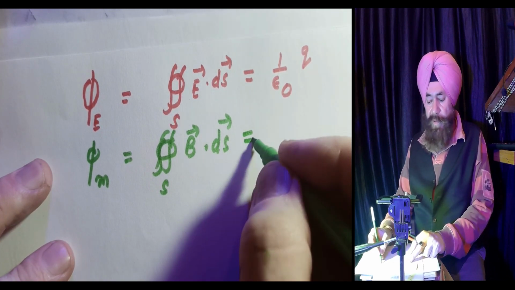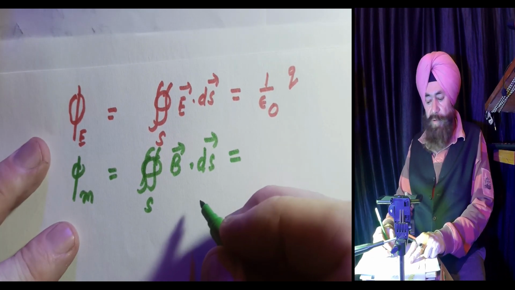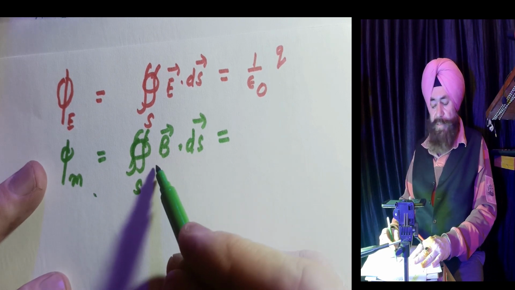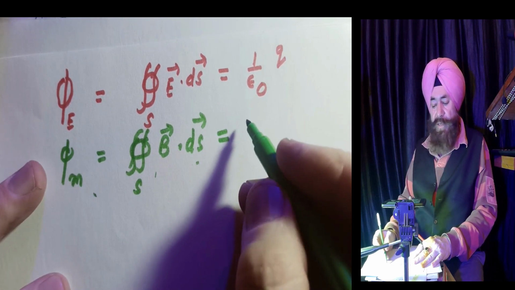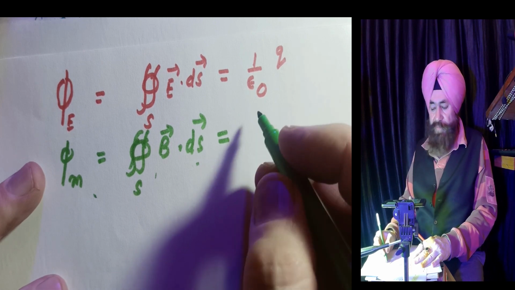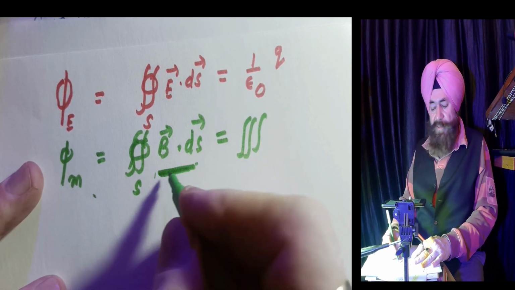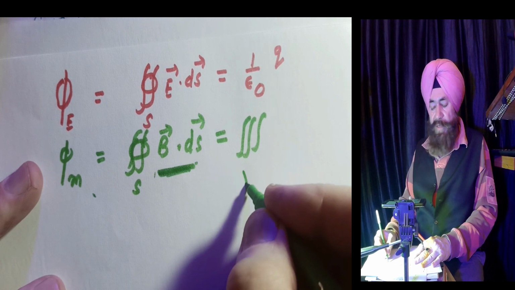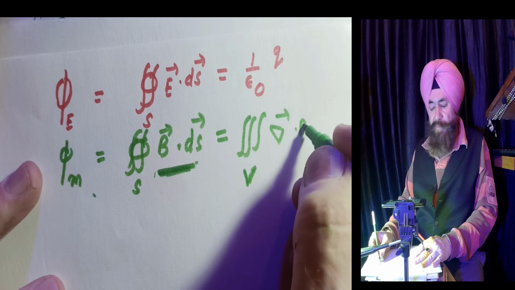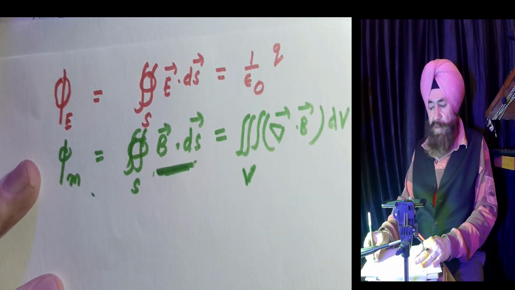Using the Gauss divergence theorem, the flux through the surface may be written as the volume integral of the divergence of B in dV.